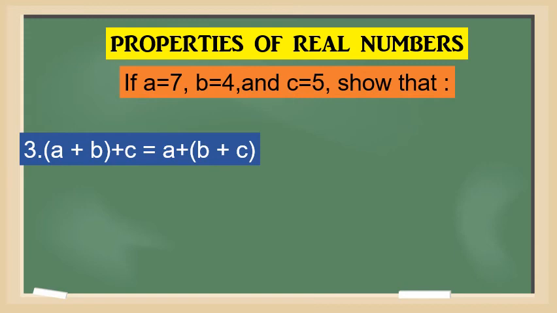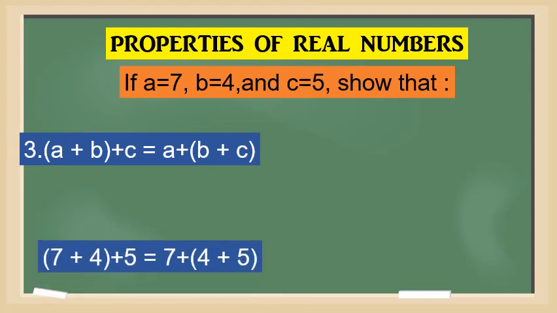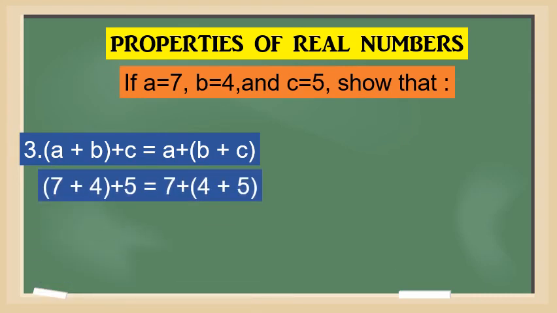It is 7. What is our B? It is 4. What is our C? It is 5. And then, therefore, 7 plus 4 plus 5 equals 7 plus quantity 4 plus 5.